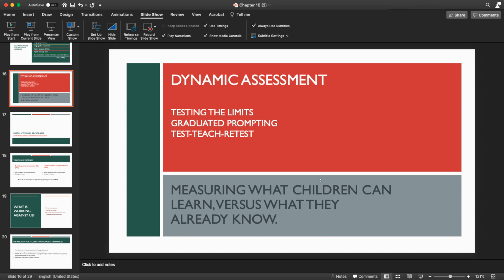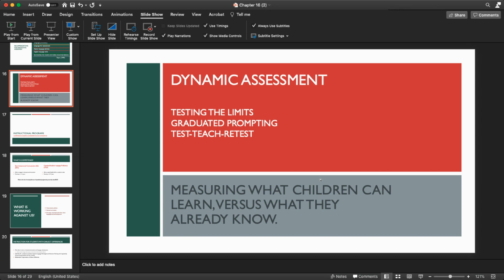Prompting would be things like modeling, asking them to imitate things, asking them, "What is it?" So, part of testing the limits, we're going to make this assumption that every child can do something. It's just a matter of the support they need to do it.